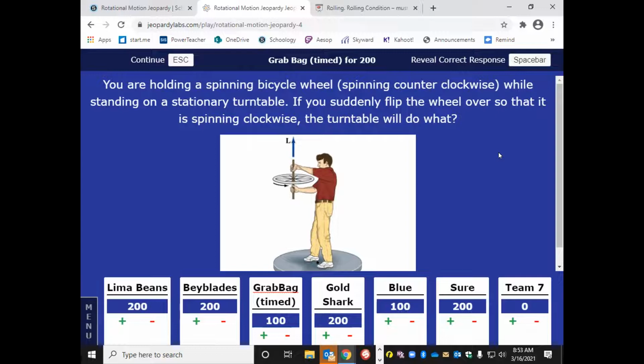Ten, 9, 8, 7, 6, 5, 4, 3, 2, 1. Hold on there. If it goes from counterclockwise to clockwise, then the turntable is going to go counterclockwise.